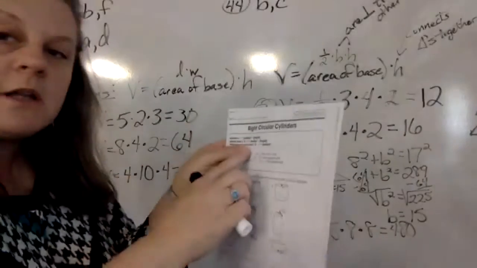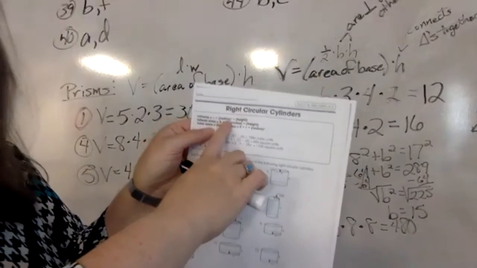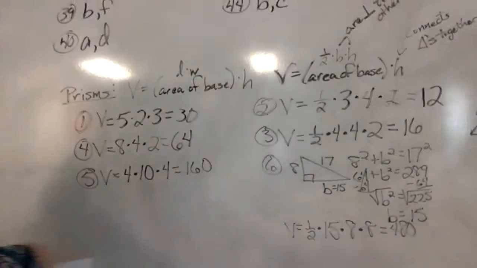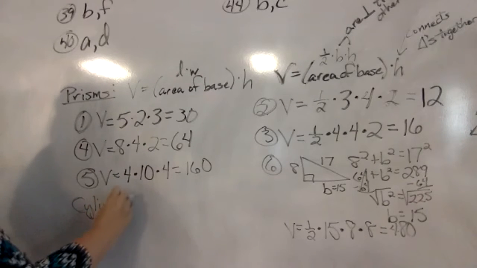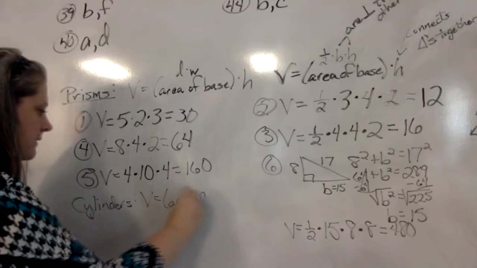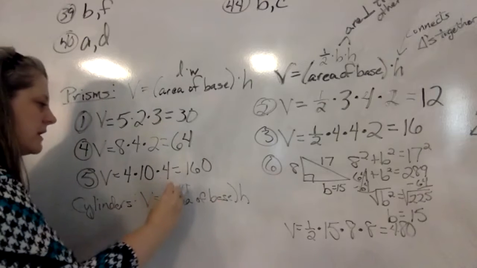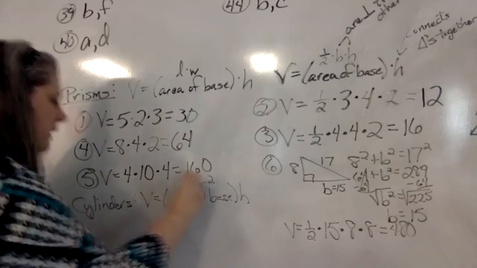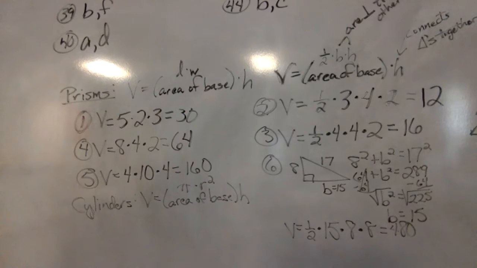It shows you on the worksheet. To find the area of the circle, it's pi times the radius squared. That's our formula for the area of the circle. So it's still doing the same thing. A cylinder's volume is the area of the base times the height. But it's a circle, so it's pi times the radius squared. Now, hopefully everybody knows a radius goes halfway across the circle, correct?